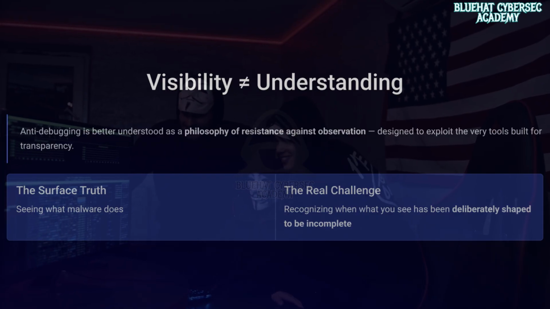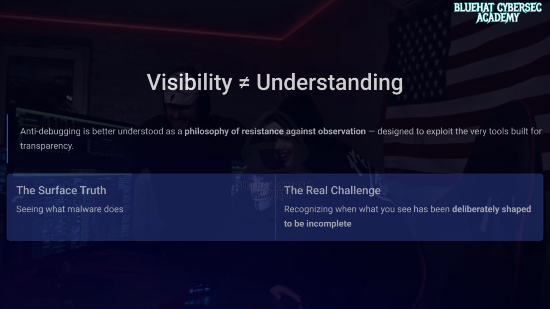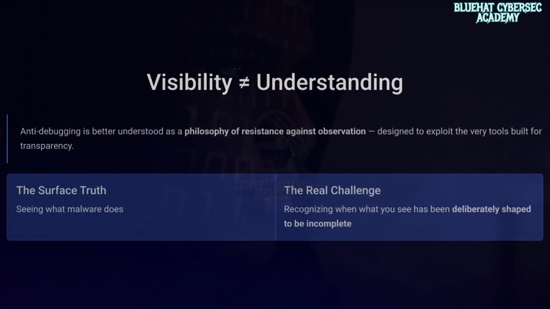It is better understood as a philosophy of resistance against observation, designed specifically to exploit the very tools built for transparency. And that leads to a slightly uncomfortable truth. Visibility does not guarantee understanding. The real challenge is not simply seeing what malware does. It is recognizing when what you are seeing has been deliberately shaped to be incomplete.